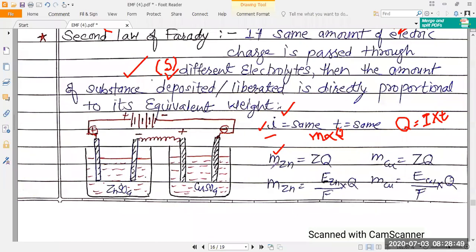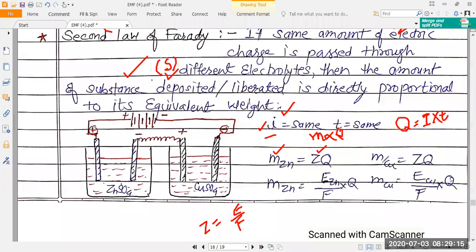So the amount of zinc deposited at the electrode will be equal to Z into q. And what is Z? The electrovalent equivalent, and Z can be represented as E by F. The value of E by F represents Z.